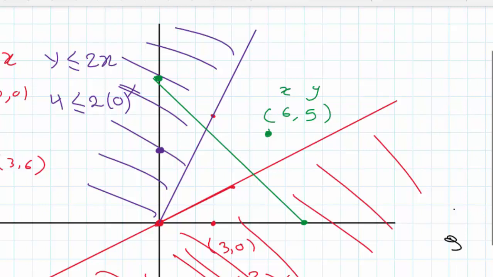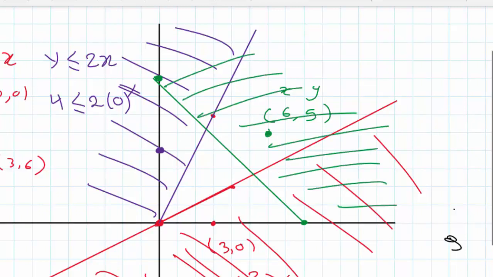Is x plus y less than 8? 5 plus 6 is 11. It's not less than 8. So it didn't satisfy the inequality. The side of the green line should be shaded. Now the only unshaded region is this triangle between them, which is the solution of this modeling.